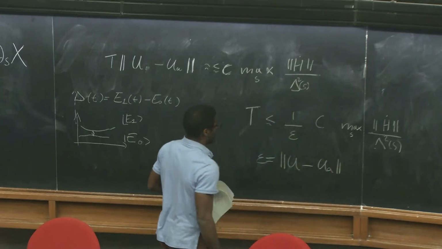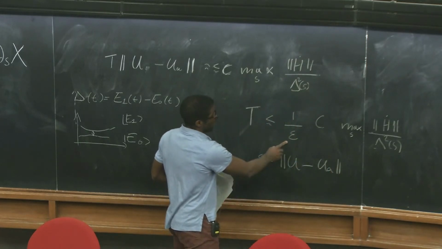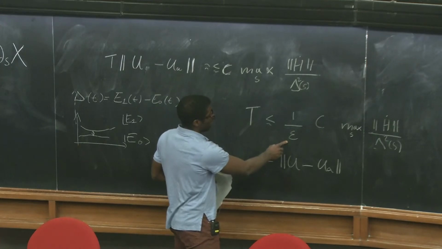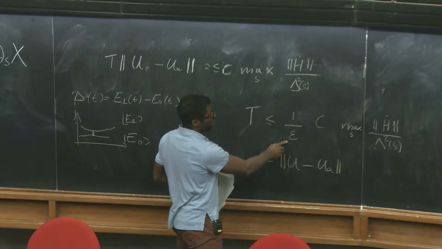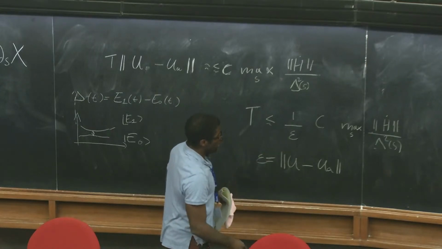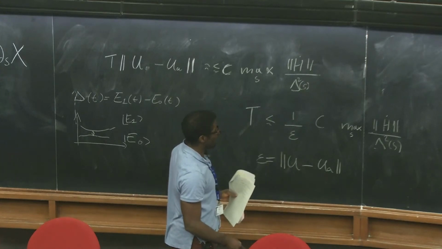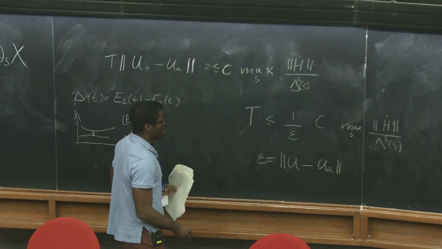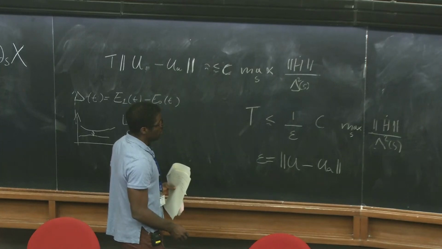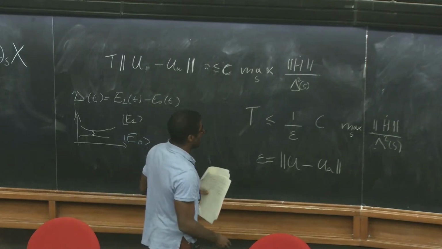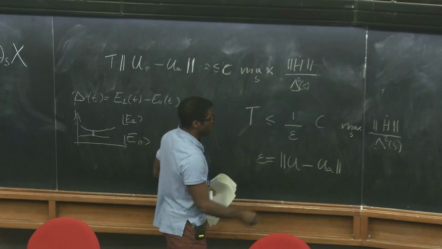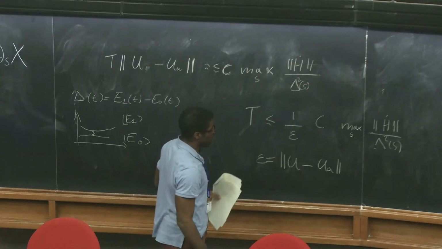So this is telling us that if we want to keep a certain fixed error, so we want the final state to be close, up to epsilon, to the ground state of the final Hamiltonian, we are going to have to increase the time, because when we reduce epsilon, the time is going to increase.